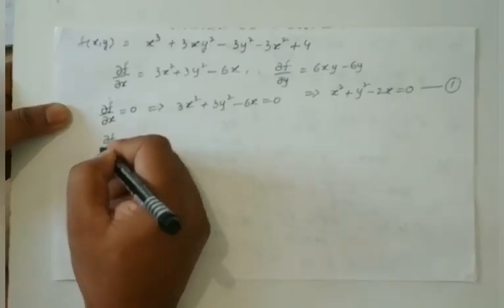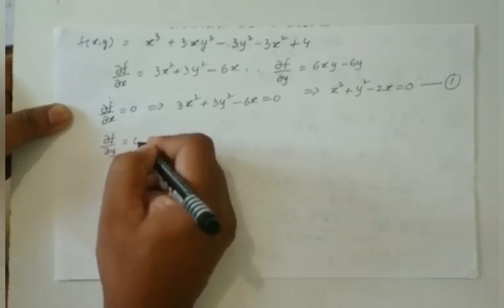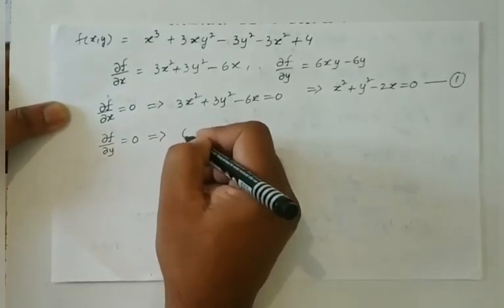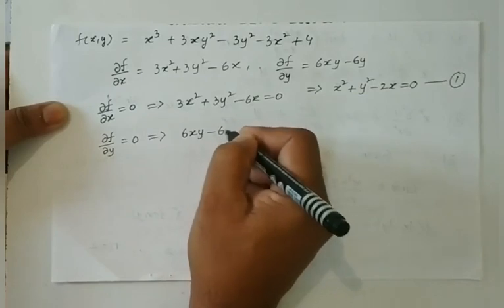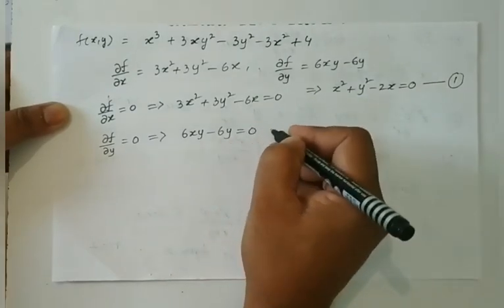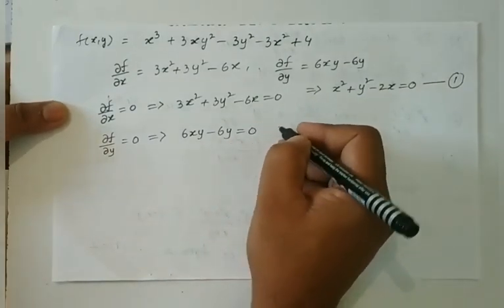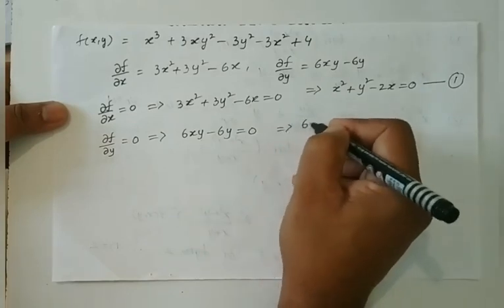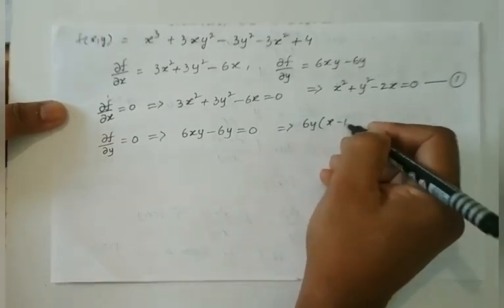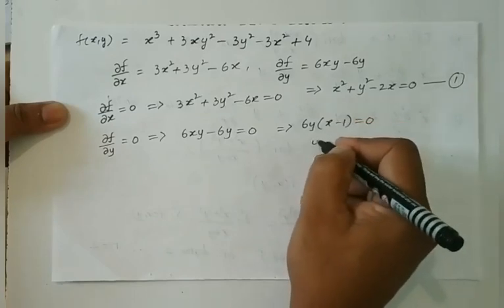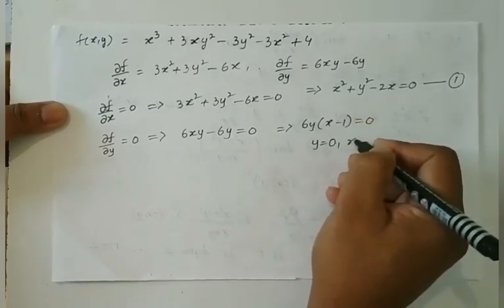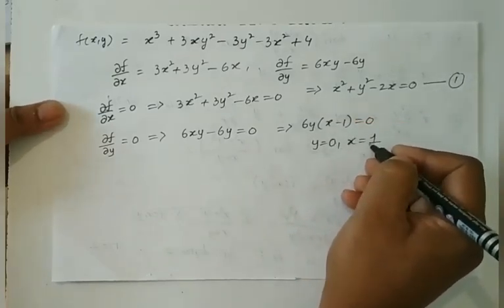Next, similarly, we take dou f by dou y is equal to 0, which is 6xy minus 6y is equal to 0, which is 6y of x minus 1 is equal to 0. So from this we get y is equal to 0 and x is equal to 1.